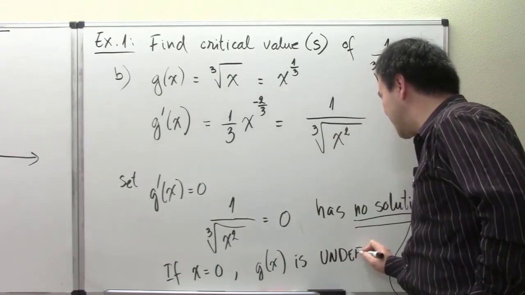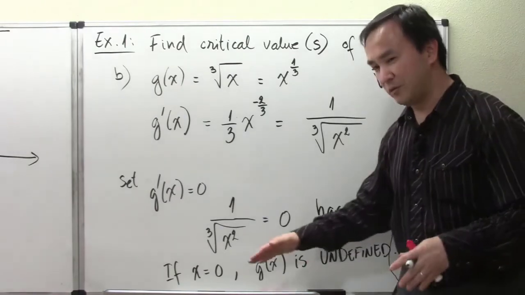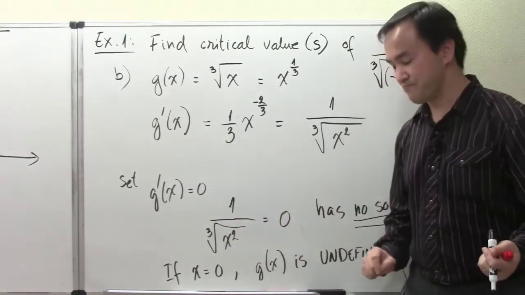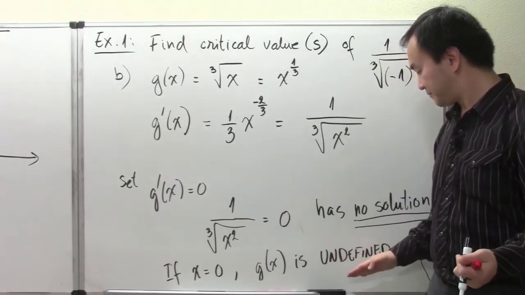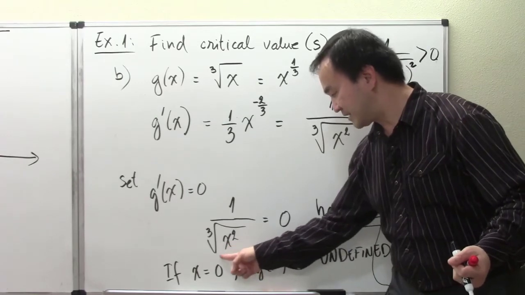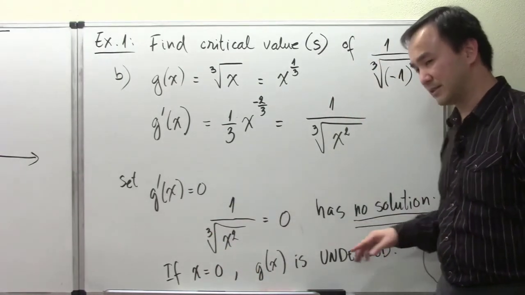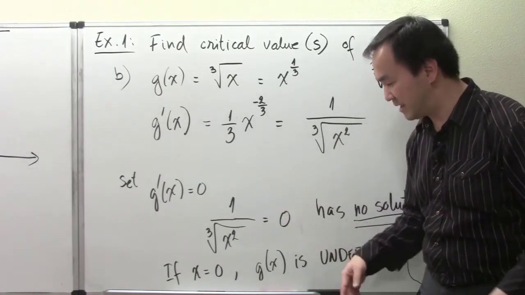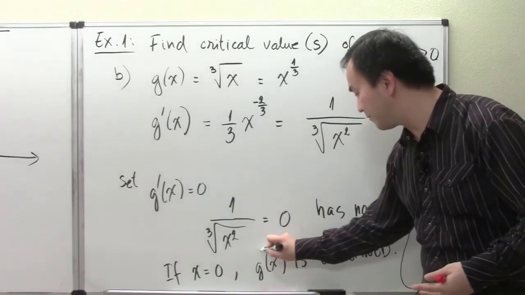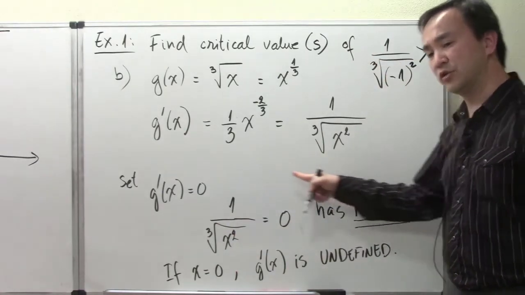That's what the definition says. When we pick an x value greater than 0, this equation is not satisfied. When we hit an x negative, this equation has no solution, no satisfying value. And even when we hit x equals 0, our g prime becomes undefined. That means in the end the equation still has no solution.